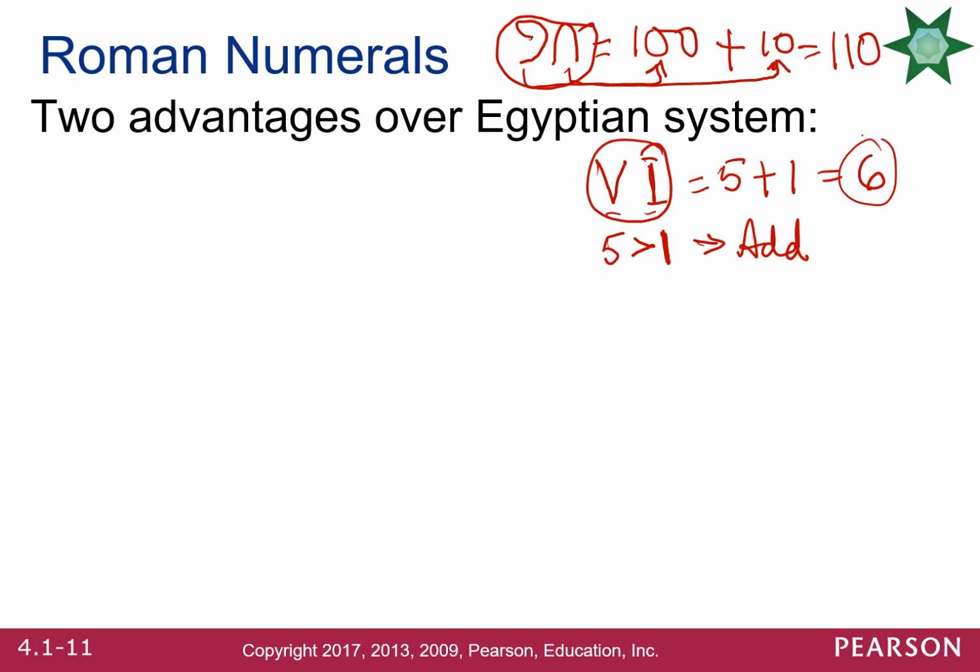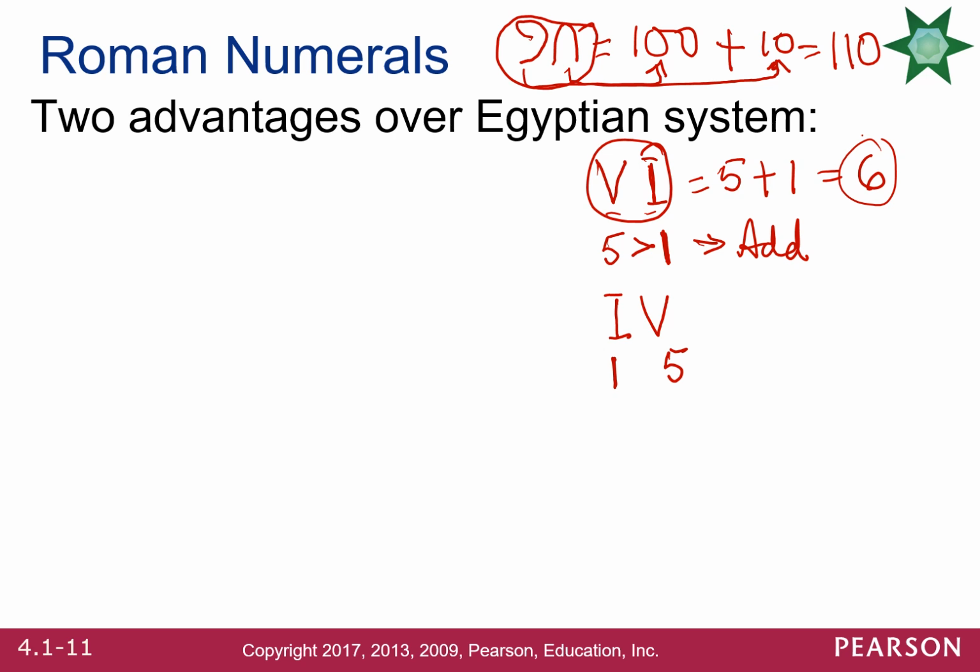that particular numeral. If, on the other hand, we had I followed by a V, we use the same process. We first look at the individual values of each of these numerals. So I has a value 1 and V has a value 5, and we ask, is the value on the left hand side greater than the value on the right hand side?